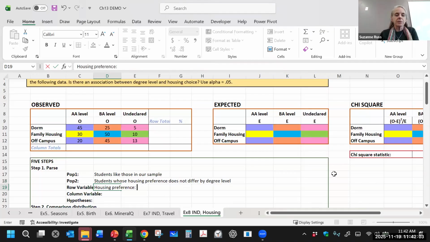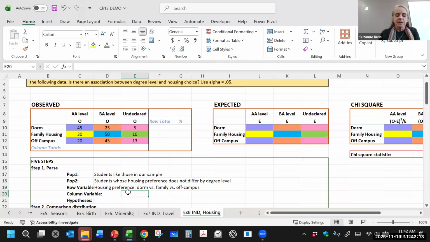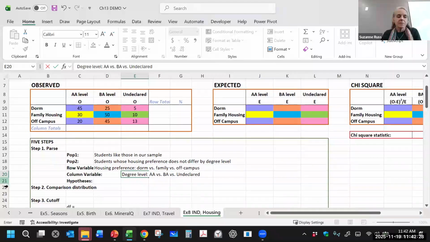We'll put a colon there and write dorm versus family versus off-campus. And then our column variable is degree level. And we have AA versus BA versus undeclared. They don't know quite how far they're planning to go.